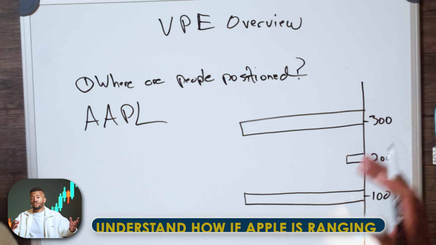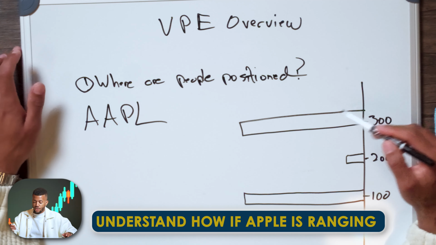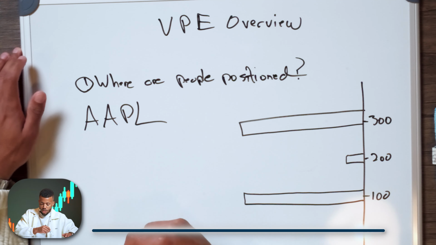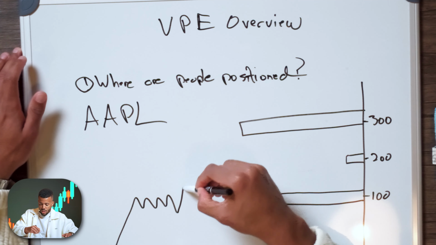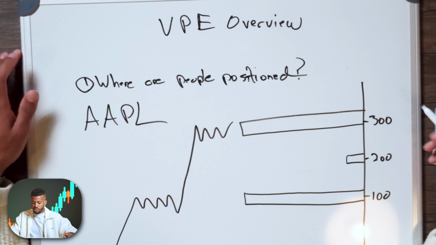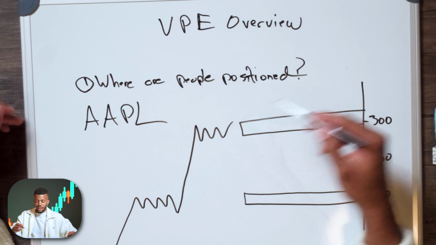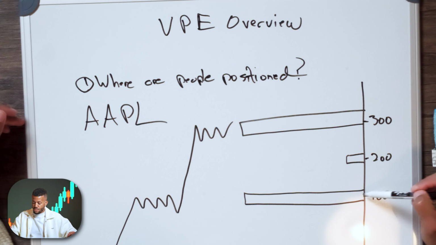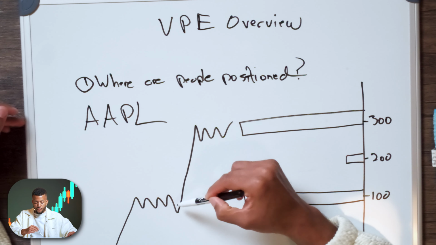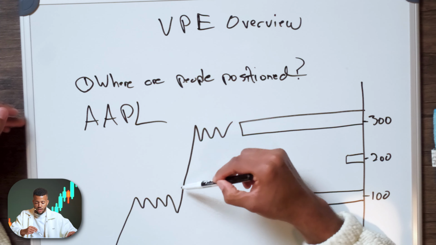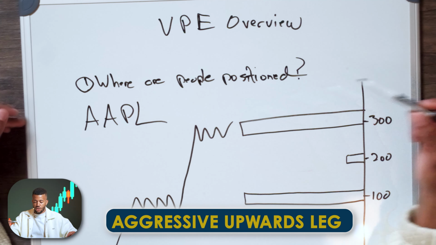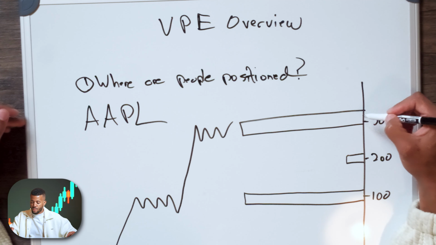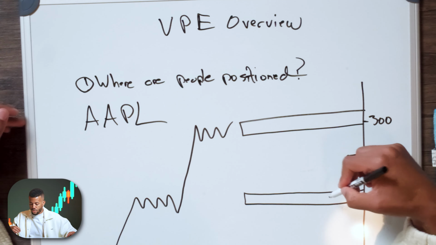We can start to understand how, if Apple is ranging between these prices, the chart might look like this. We had a push up, we had some consolidation. A lot of people participated at 100. It created more of an aggressive upwards leg, and then it consolidated around 300. Most of the people are positioned here, most of the people are positioned down here.